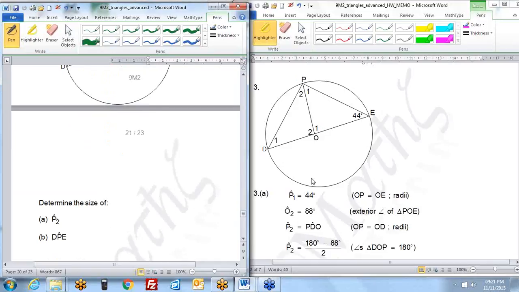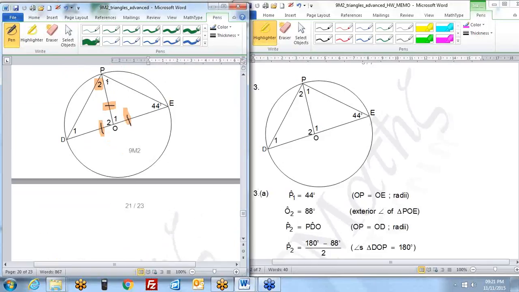So angle P1, this angle over there, will be equal to 44 degrees because PO equals OE, and you see the reason, radii. Then angle O2, this angle over here, will be the exterior angle of triangle POE. So it's 44 degrees plus 44 degrees, which gives you 88 degrees. So angle O2 equals 88 degrees, exterior angle of triangle POE.